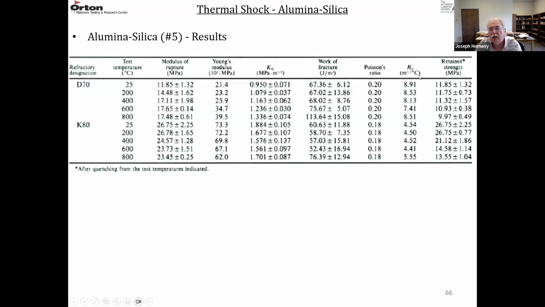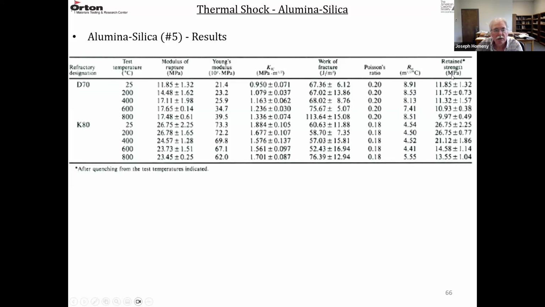And then they calculated RST, square root of meters, degrees C. These values are all around 8 for the 70% alumina and around 4, 4.5, 5 for the 80% alumina. So the 70% alumina should have the higher thermal shock resistance.